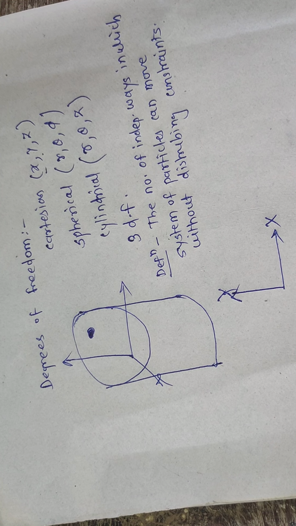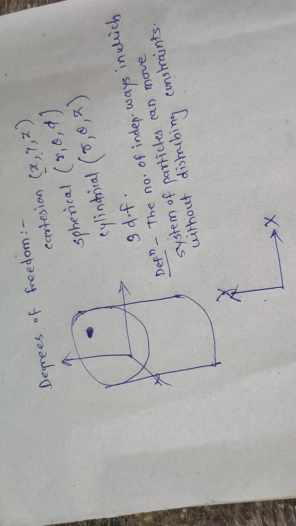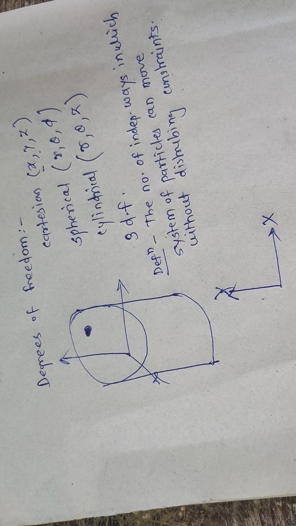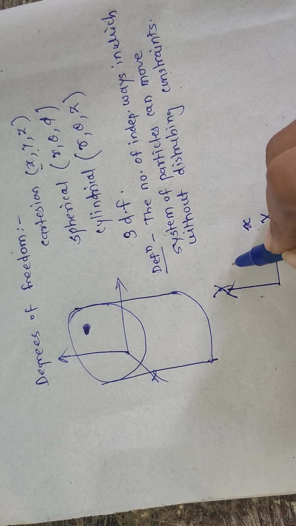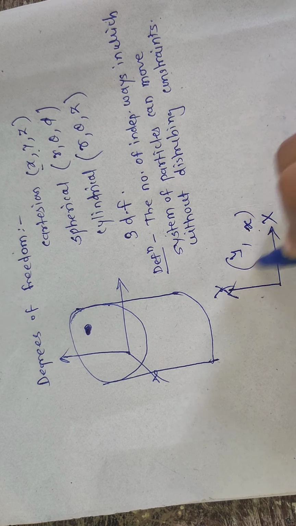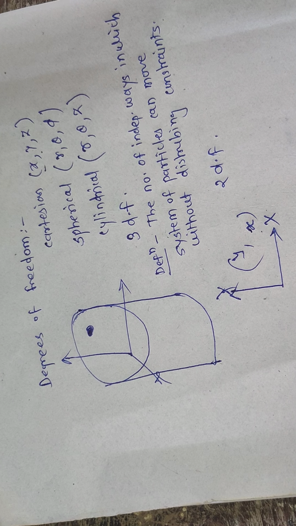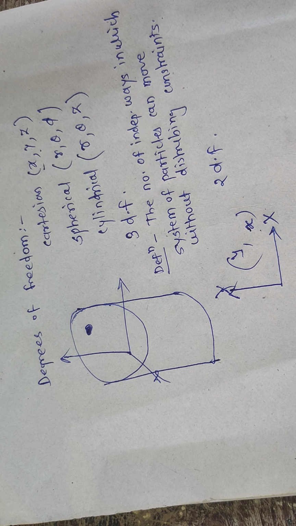Consider a particle constrained to move in xy plane, so we can describe the motion of particle using only two variables, x and y. So here degrees of freedom are 2. Particle is said to have 2 degrees of freedom.